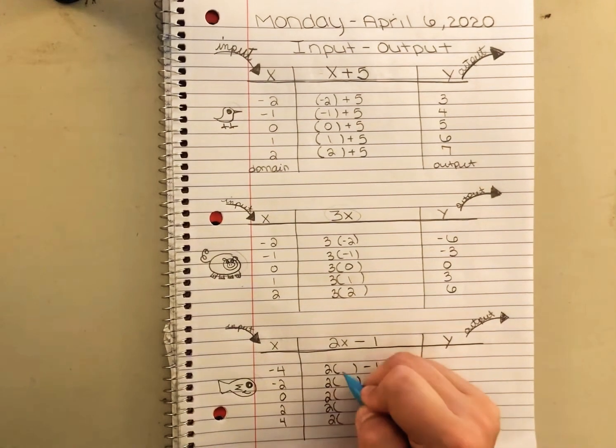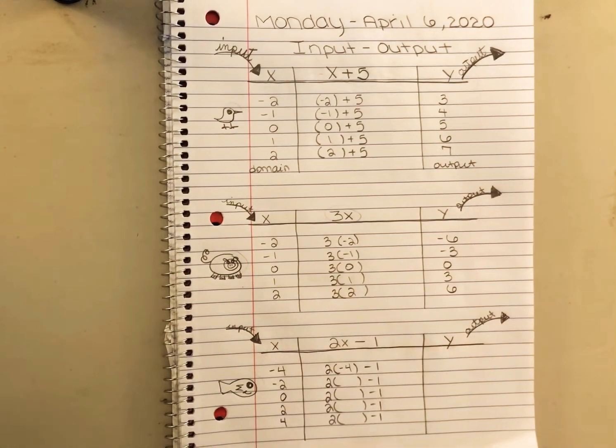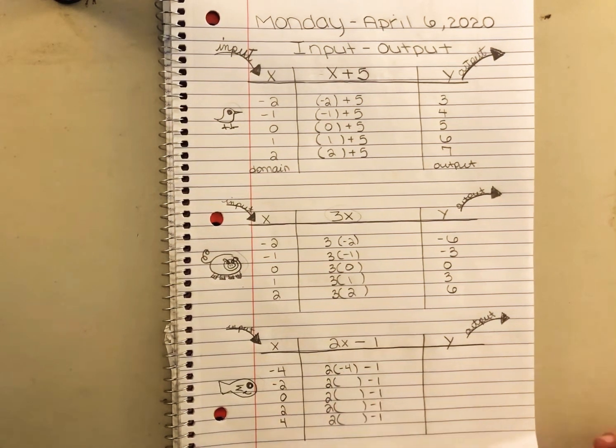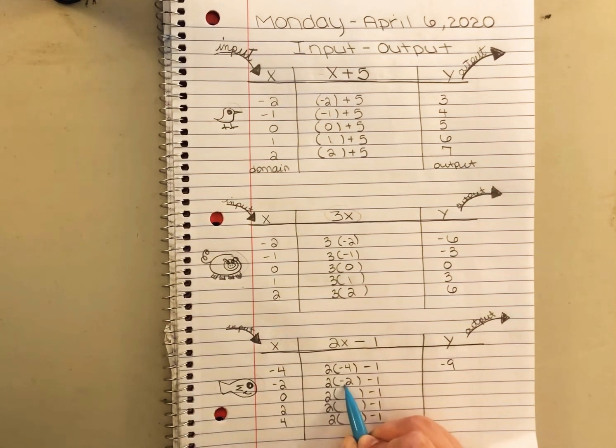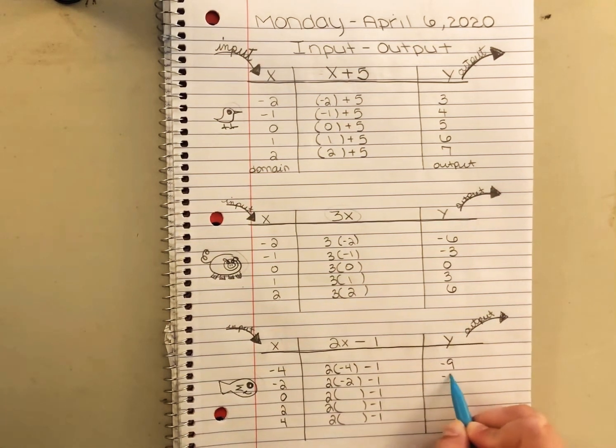So I'm going to plug in -4 right here. Watch your order of operations. I've got 2 times -4, which is -8, minus 1 more, so -9. My next one, I have 2 times -2, so that's -4, minus 1 more is -5.